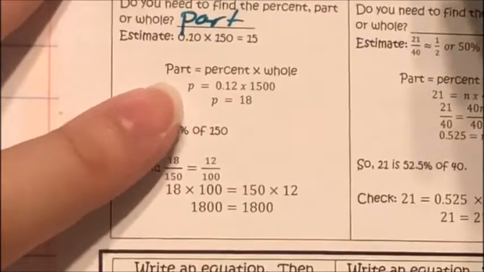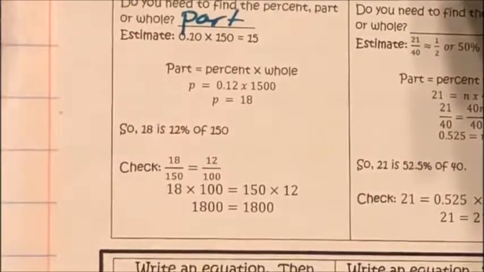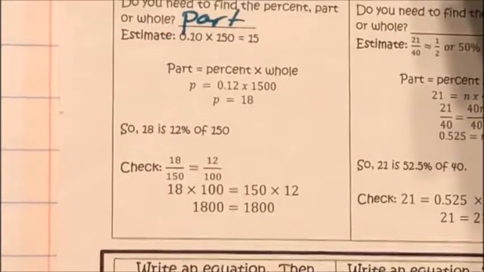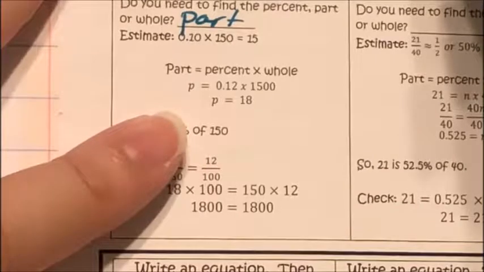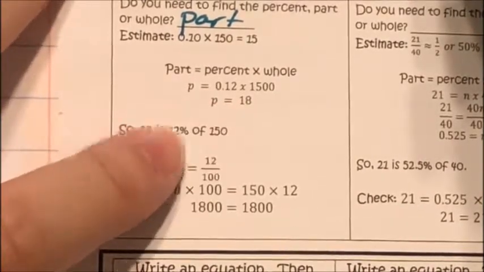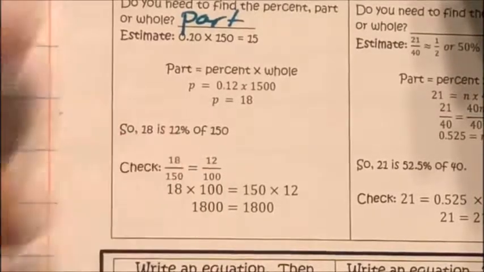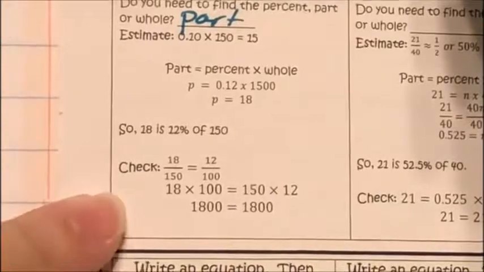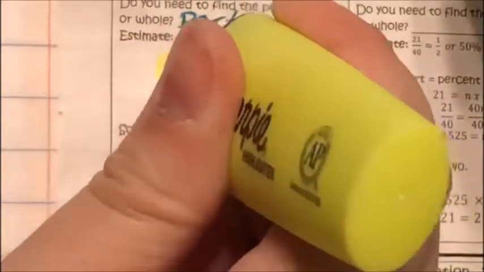Part equals percent times whole. P equals 0.12. You always have to change the percent to a decimal, okay? 0.12 times 150. So P, 0.12 times 150 gives me 18. So P equals 18. So 18 is 12% of 150. You can always double check. You can always plug it back in. So I was looking for a part in this situation.